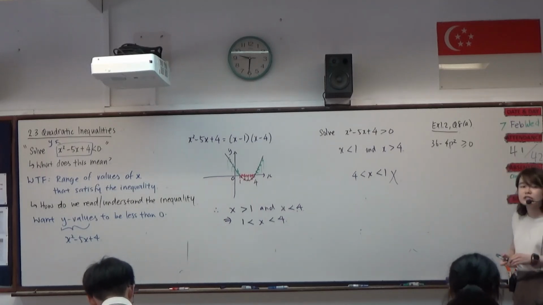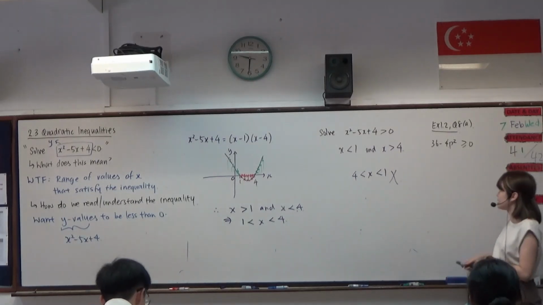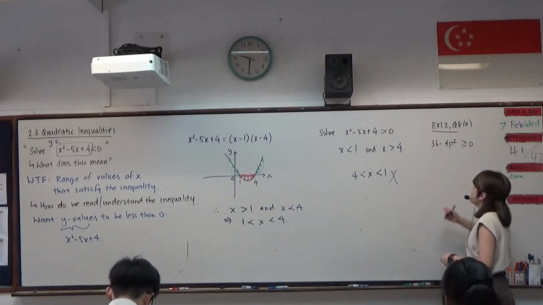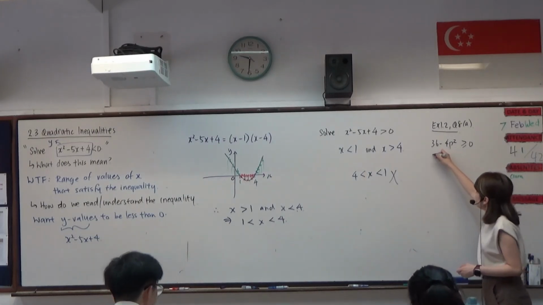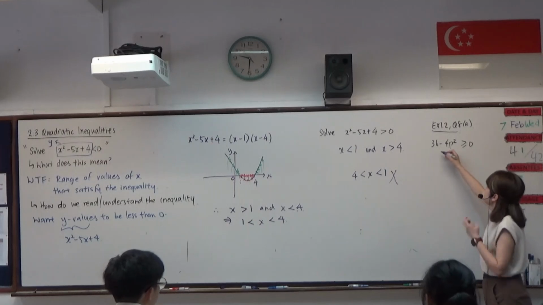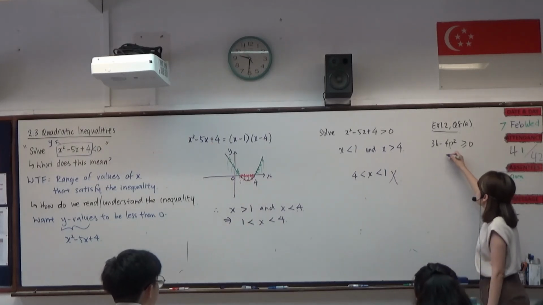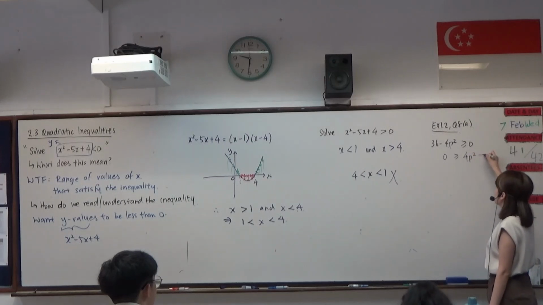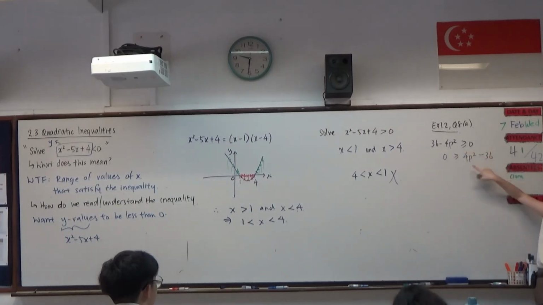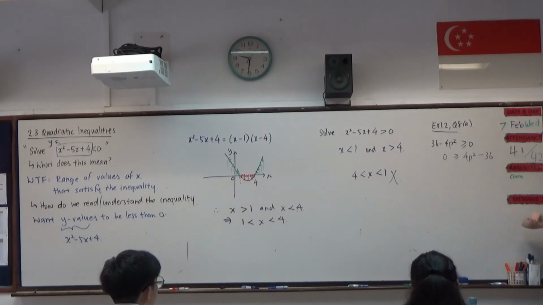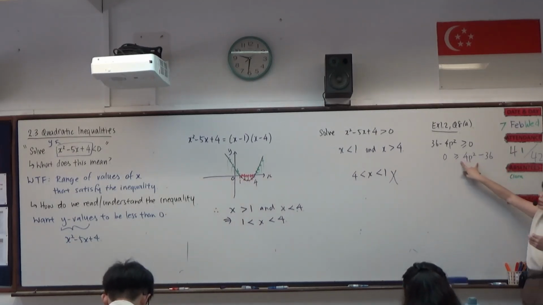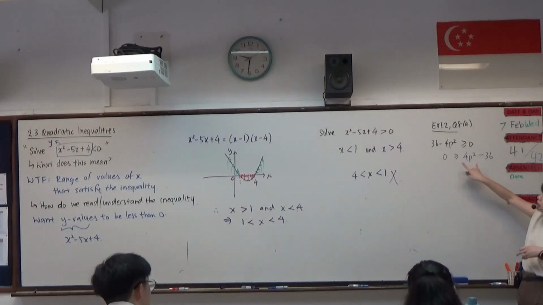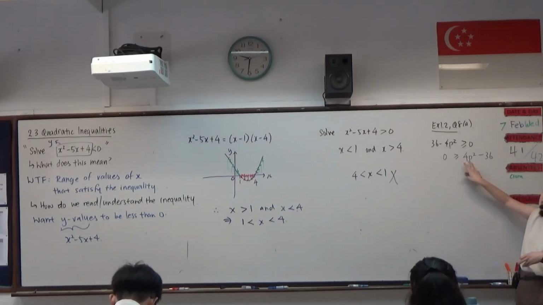Then how do we solve this inequality or determine the range of values? We see that 36 minus 4p squared is as good as shifting everything to the other side, so I get 4p squared minus 36 less than or equal to 0. Why I do this is so that the coefficient of the p squared, or the x squared in those cases, is positive.